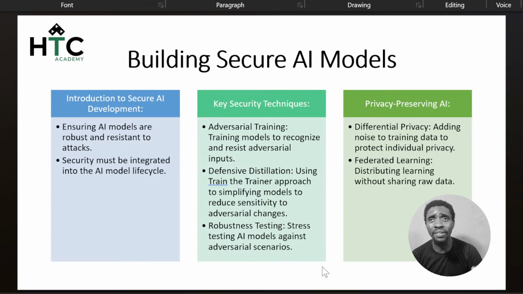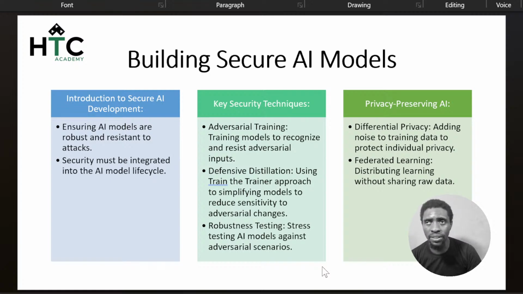Privacy should be embedded from its design, just like security. So the AI system needs to be able to tell us that a patient has this particular record, but should not give us the name of the patient.